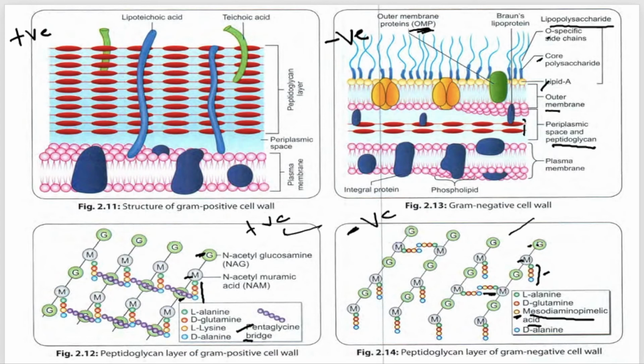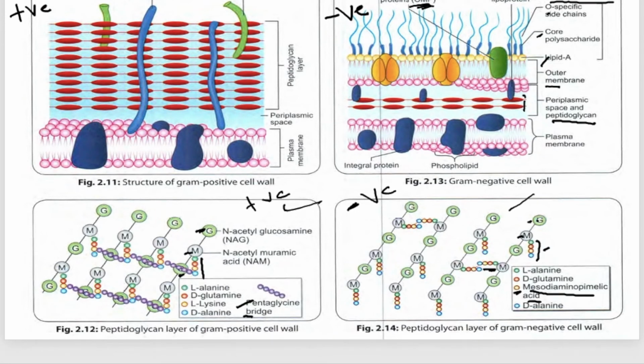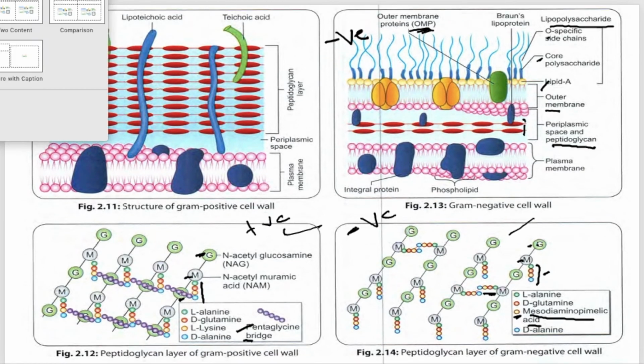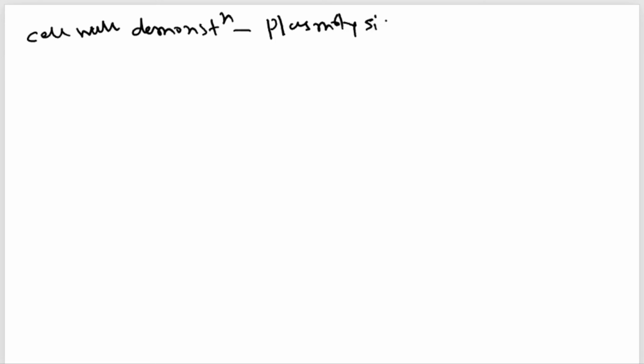Okay, so we will move to another section. Next thing is to be demonstrated. Cell wall can be demonstrated by various techniques. We will not again go in detail. That is plasmolysis. That can be differential staining.